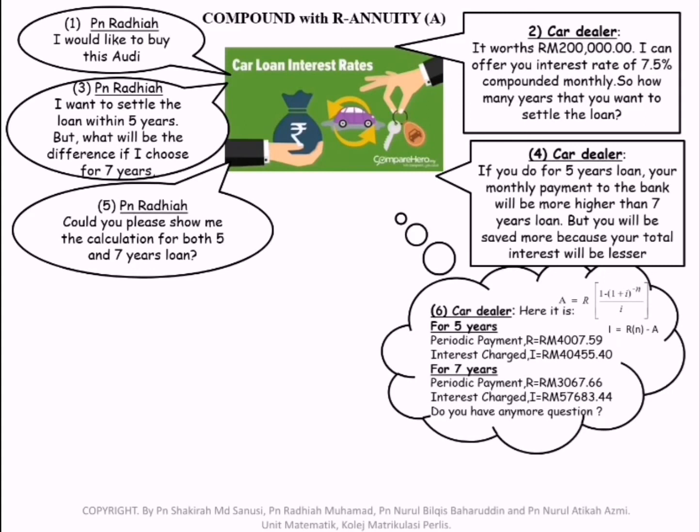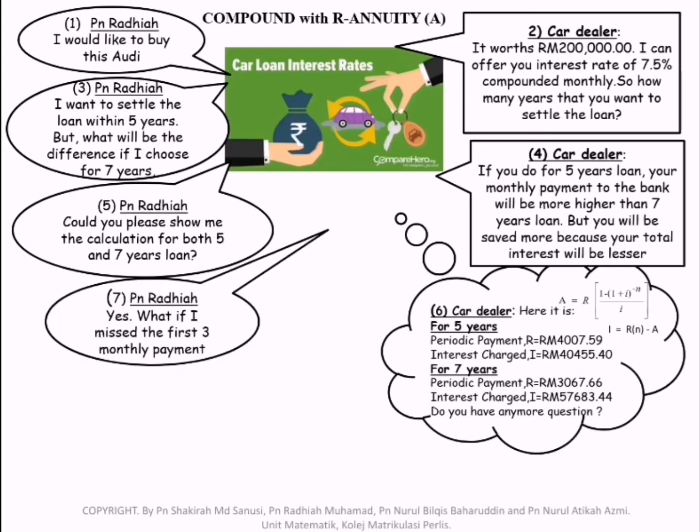For the 7 years, your periodic payment capital R is equal to 3,067 ringgit and 66 cents, while your interest charge capital I is equal to 57,683 ringgit and 44 cents. So, do you have any more questions?